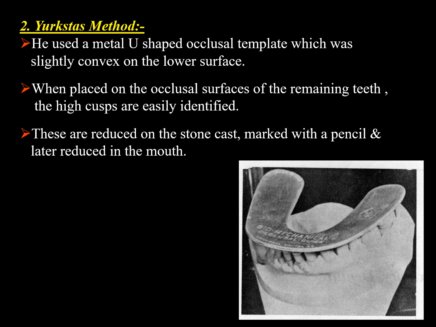When this template is placed on the occlusal surface of the teeth, the high cusps can be easily identified because this is a convex surface, and the high cusp will be interfering with the seating of this template, and then they can be directly marked inside the patient or on the cast, and then they can be trimmed in the patient's mouth. So this eliminates the need for multiple impressions, because we already have an occlusal template which can be used for correction.